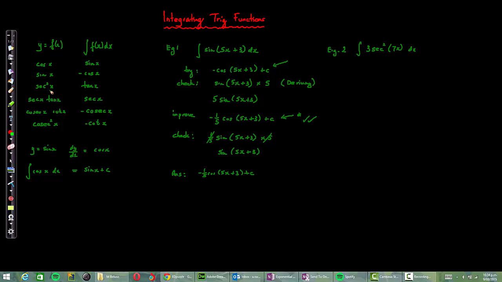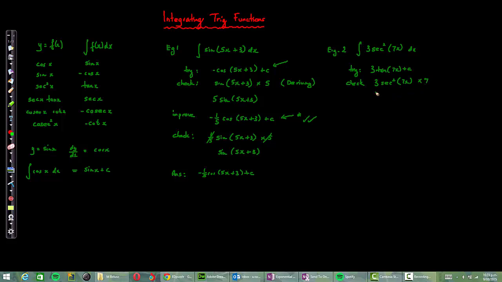Okay, now according to this table the integral should be tan, so let's try a possible answer: 3 tan 7x plus c. Let's check that. Once again, our check is deriving this, and the derivative of tan was sec squared, so we're going to get 3 sec squared 7x, but then the chain rule is applied, so we get times 7.